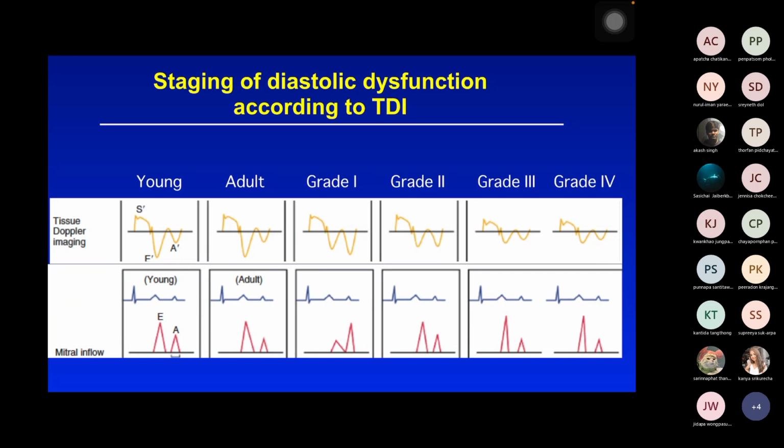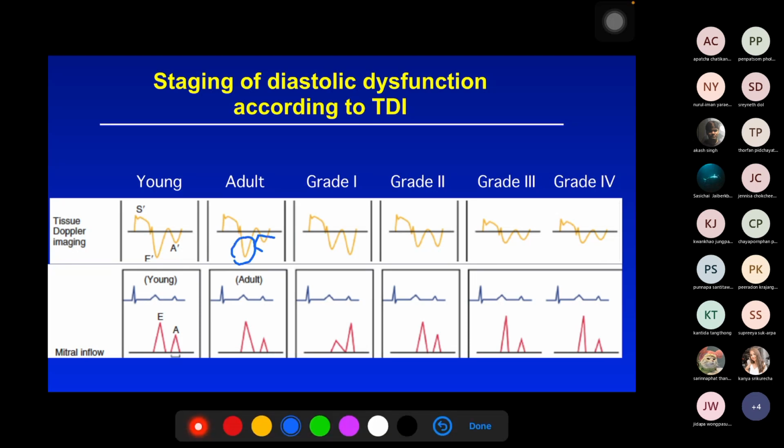So we also look at the MV inflow. See, normal E over A, and tissue Doppler shows E prime over A prime. In grade 1, E prime decreases and A prime is a little bit increased.